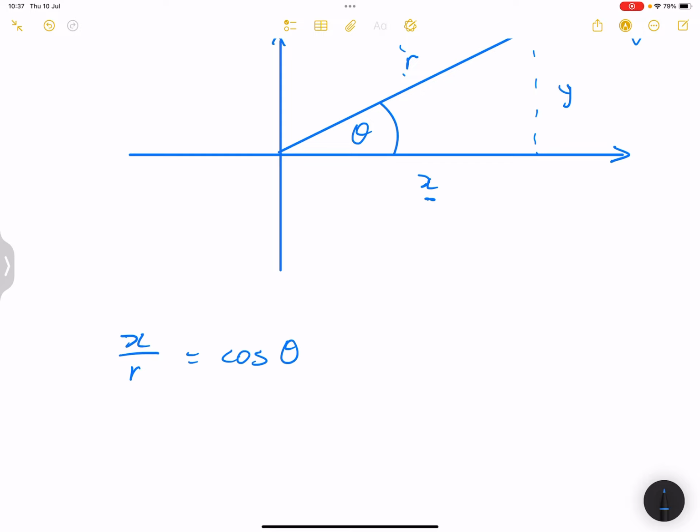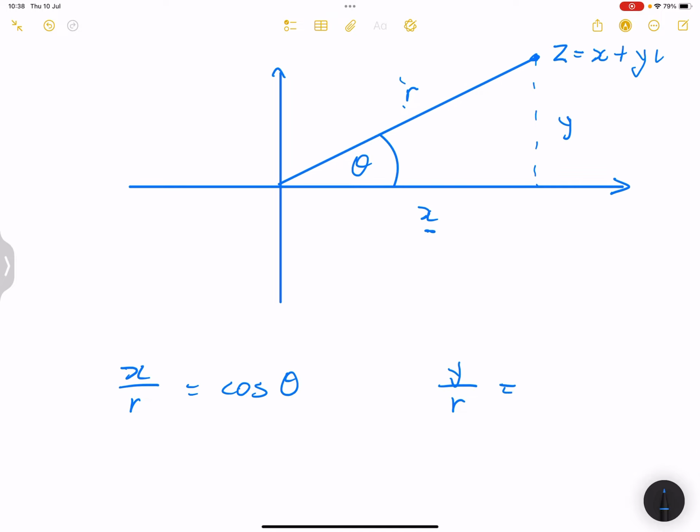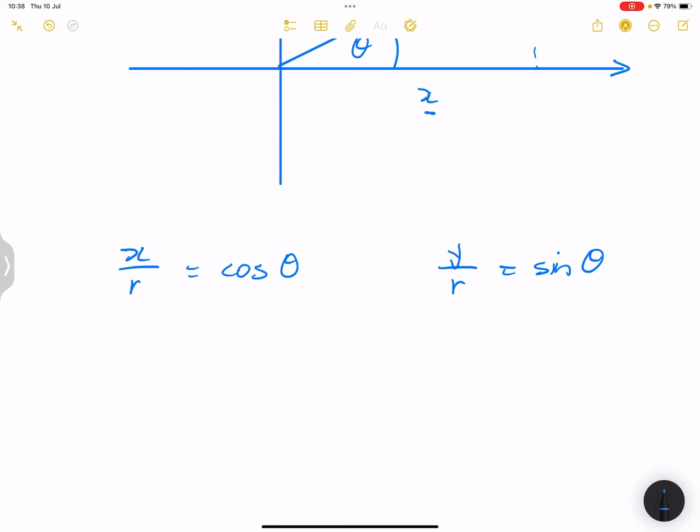But I also know that y over r, opposite over hypotenuse, is going to be the sine of my argument. So if I cross multiply, x would be equal to r, the modulus, times the cosine of my argument. Similarly, y would be equal to the modulus times the sine of the argument.